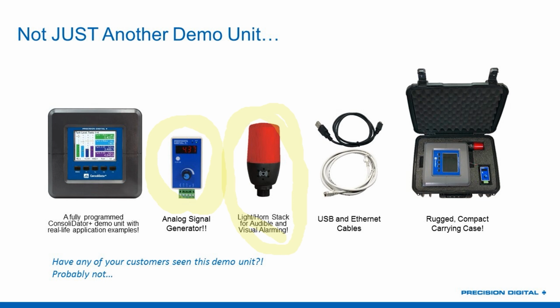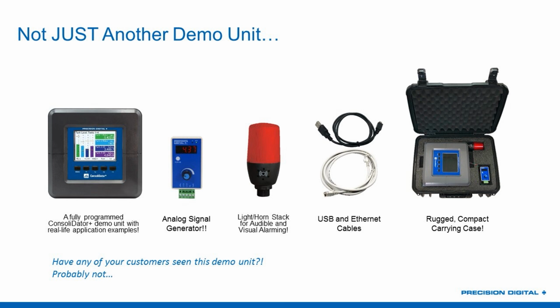USB and Ethernet cables, pretty sure you know what those are. And lastly, it all comes packaged in a nice rugged case. So just wanted to show you exactly what this is. It's not just a demo. We put a lot of time and effort into making this a really valuable tool, not just a selling tool, but for learning. And so let's take a quick look at the programming.